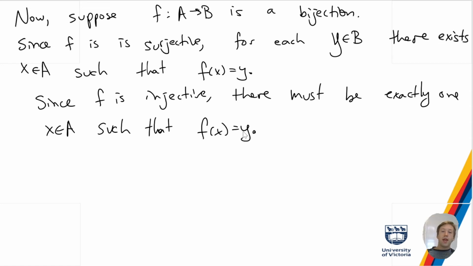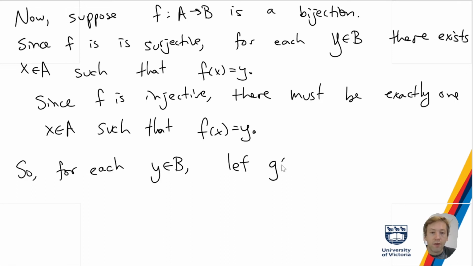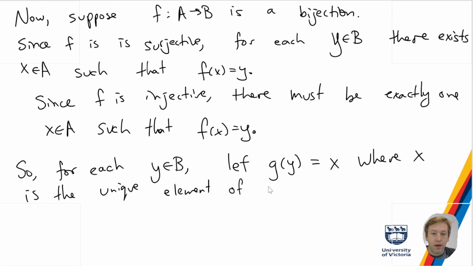Because there can't be two different elements of A that map to y, otherwise f would not be injective. So for each y in B, let g of y be equal to x, where x is the unique element of A such that f of x is y.